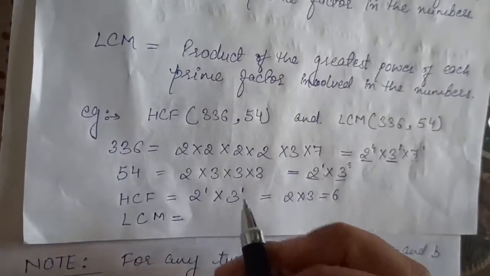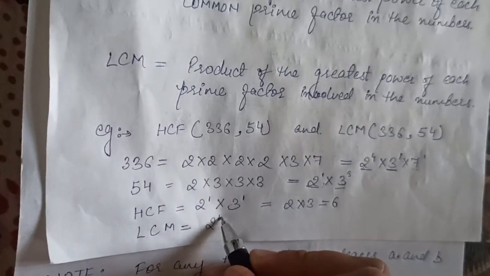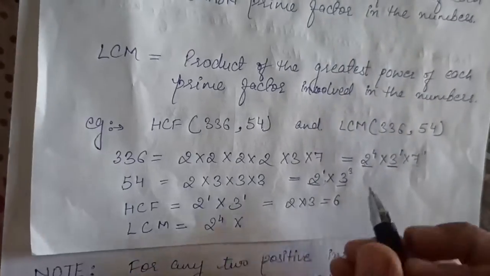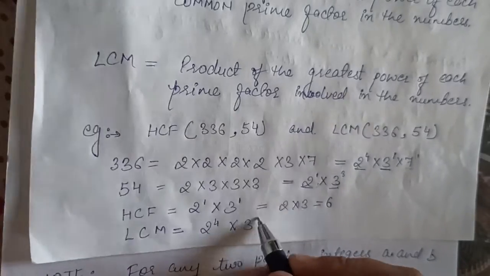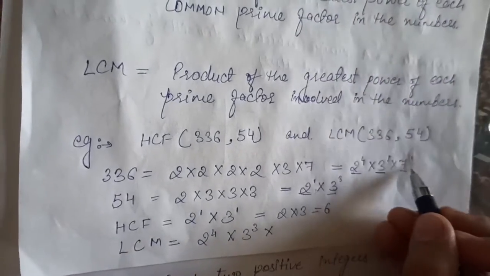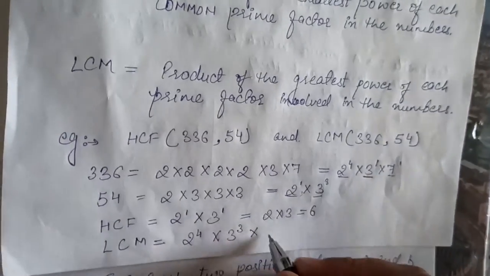The greatest power of 2 here is 4, so we will take 2 raised to power 4, multiplied by the greatest power of 3, which is 3, so 3 raised to power 3, into 7 raised to power 1. Here the greatest power of 7 is 7 only, 7 raised to power 1.